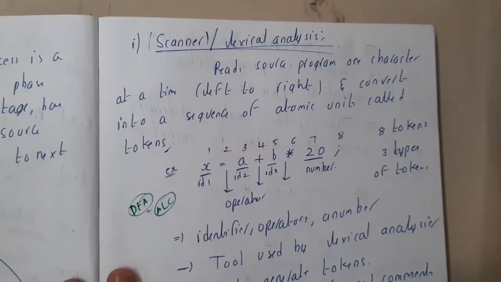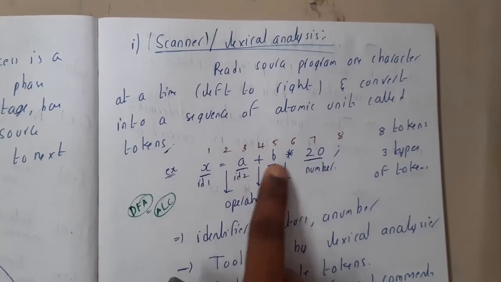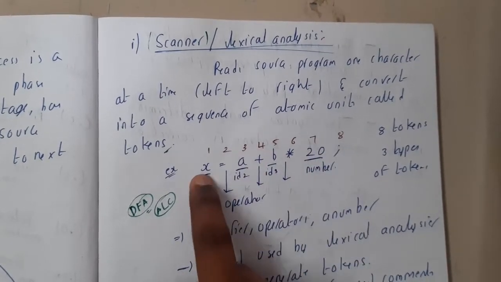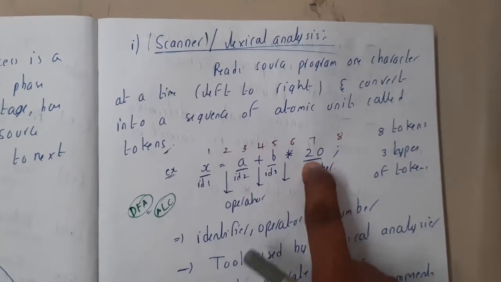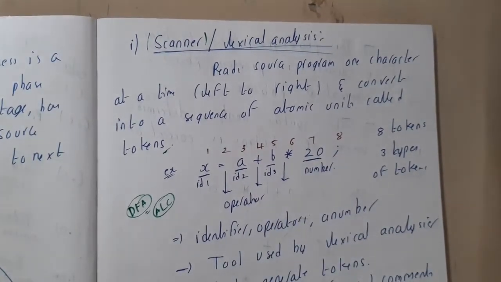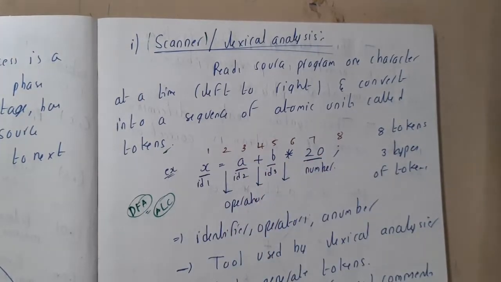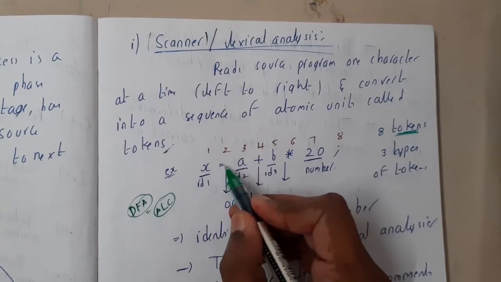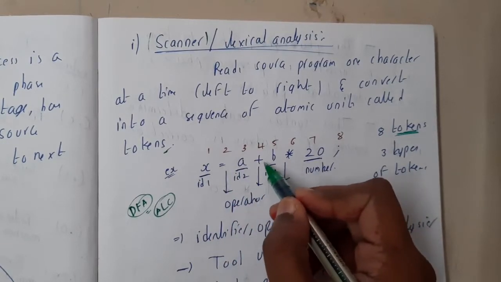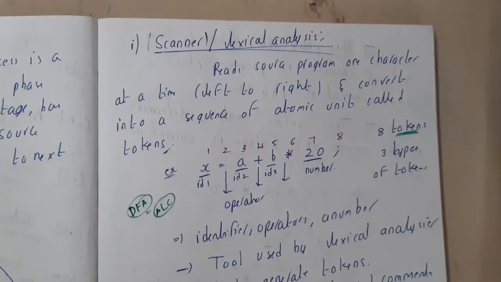If we count them individually, this is 1, 2, 3, 4, 5, 6, 7, 8: x, equal to, a, plus, b, into, 20, semicolon. Each of these individual items is called a token, guys. x is a token, equal to is a token, a is a token, plus is a token, b is a token, into is a token, 20 is a token, semicolon is a token.